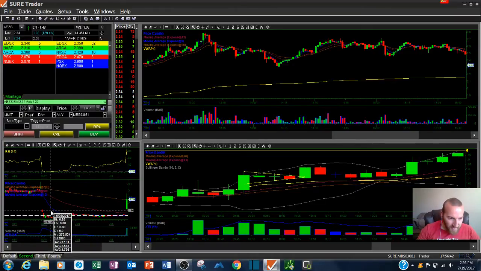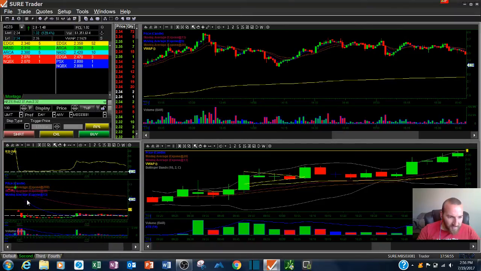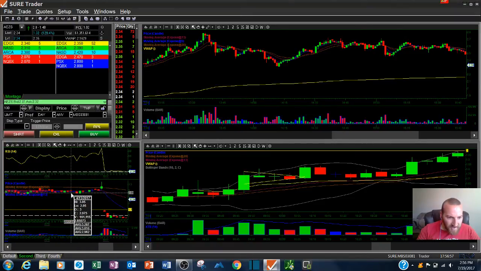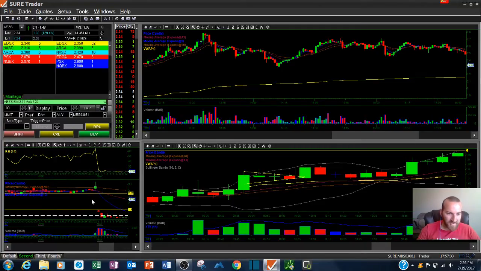But if you take the top of this red candle, which is the top of this lower area, and put a line on it, and then you take the bottom of these candles here and put a line on that, you'll see a support and a resistance line.